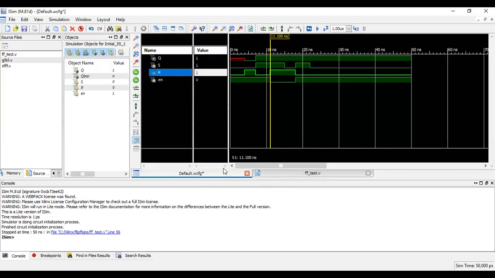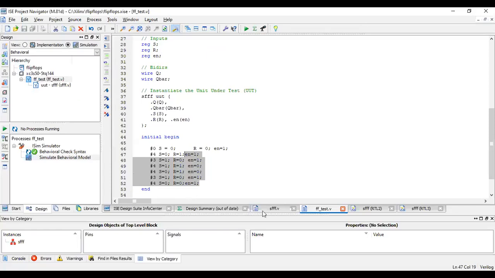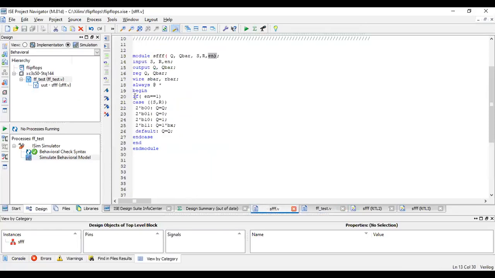That is what we have defined. If enable is equal to 1, these are the cases. If enable is equal to 0, it will follow the previous state. That's why I've given it default. So since enable is 0, it is following the previous state.